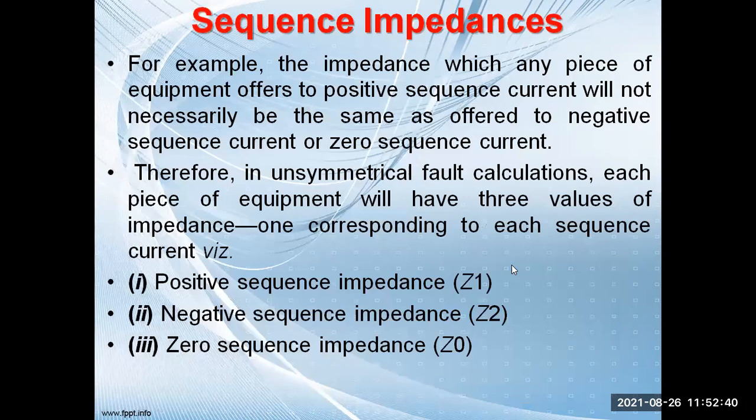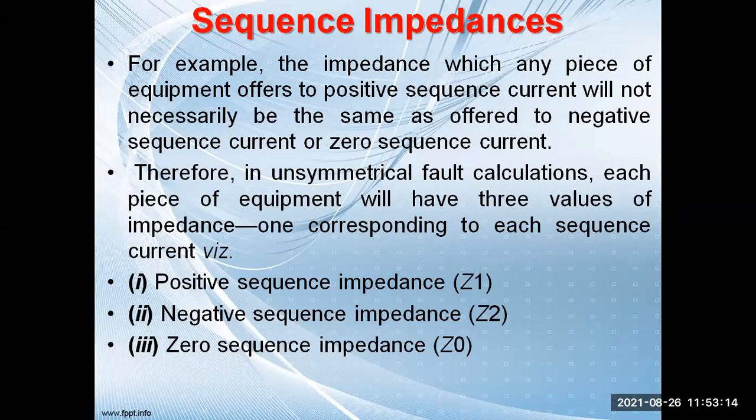Now the next topic is the sequence impedances. How does the sequence impedance come into the picture? We have seen that in any unsymmetrical analysis, we can decompose any unsymmetrical current into three components: a zero sequence component, a positive sequence component, and a negative sequence component.